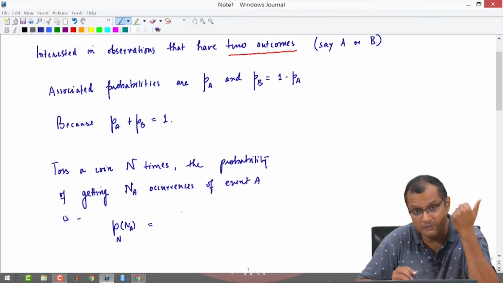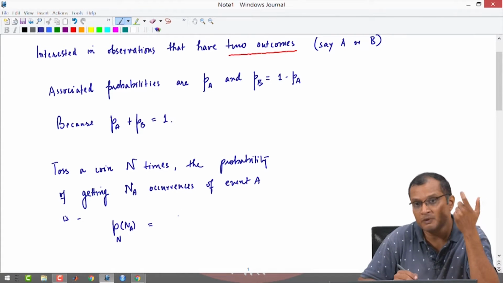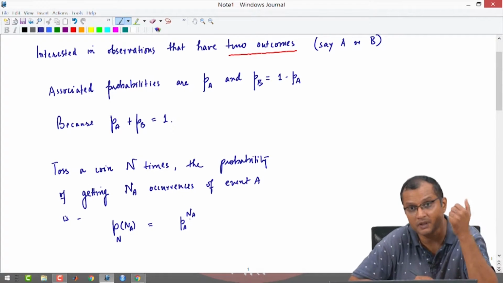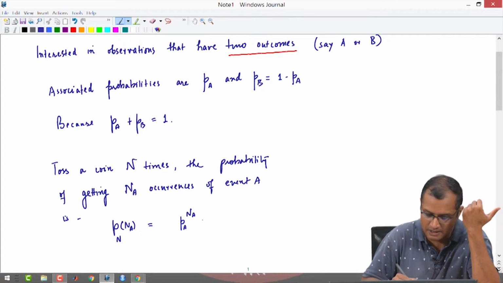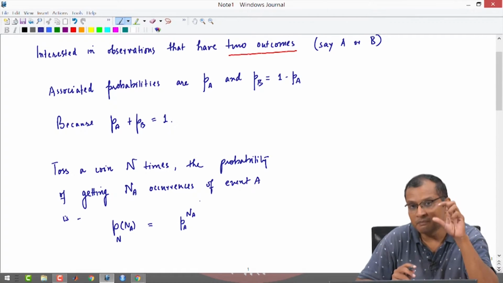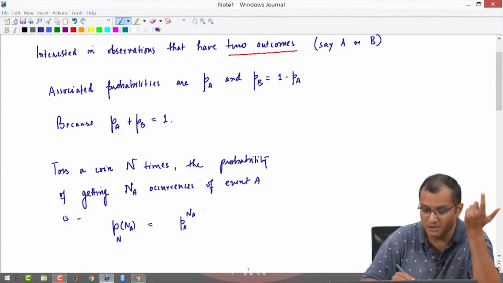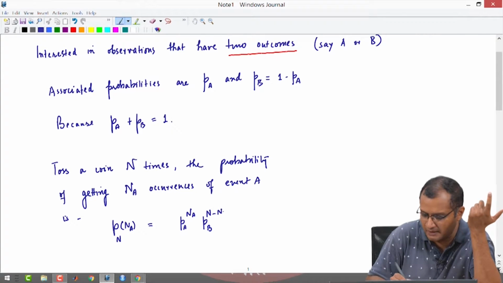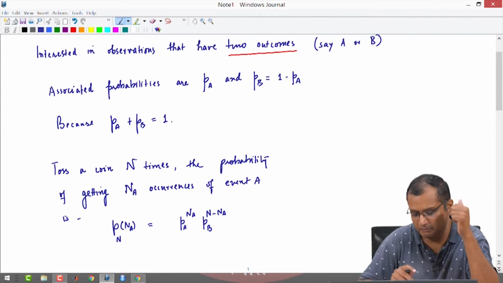You had N A times the event A and the probability of each event is P A, but you got it N A times, so it has to be raised to the power of N A. These are independent events, and naturally when you had A occurring N A times, you had B occurring N B times, which is N minus N A. So, the probability is P B raised to N minus N A times P A raised to N A.